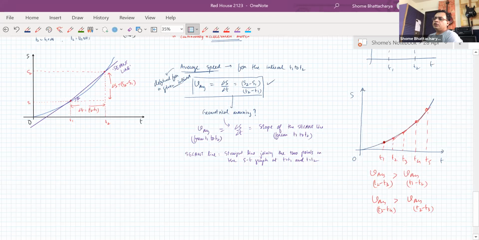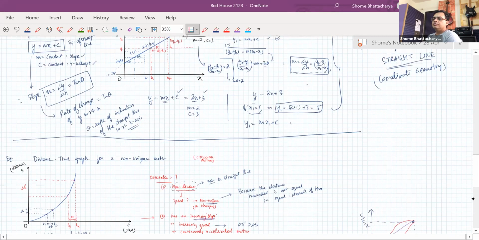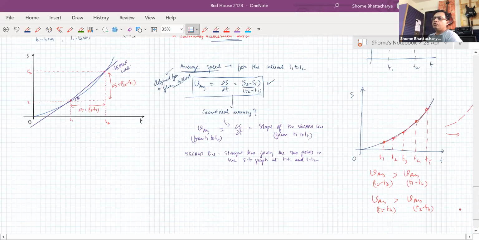Because you can see that if you join these 2 dots with a straight line compared to the other 2 dots, the slope of such straight lines is going on increasing. As you go along this direction, the slope is increasing. It's going like this, then like this. So the slope is increasing all the time. That's because this particular graph is curving like this. It need not always be the case.